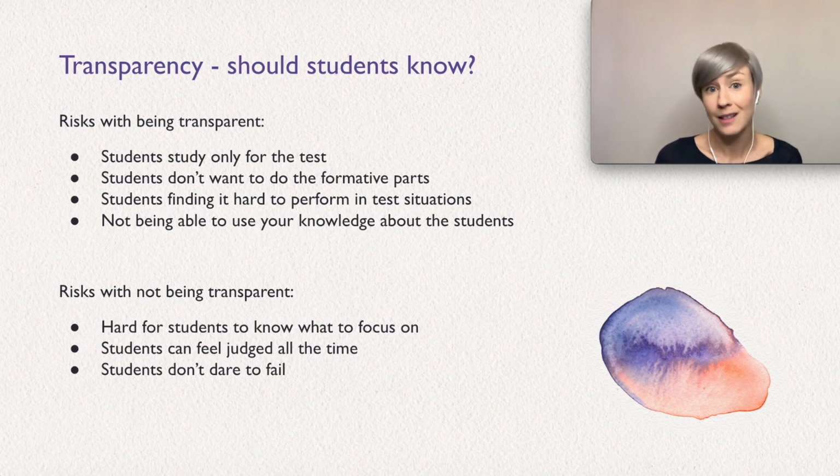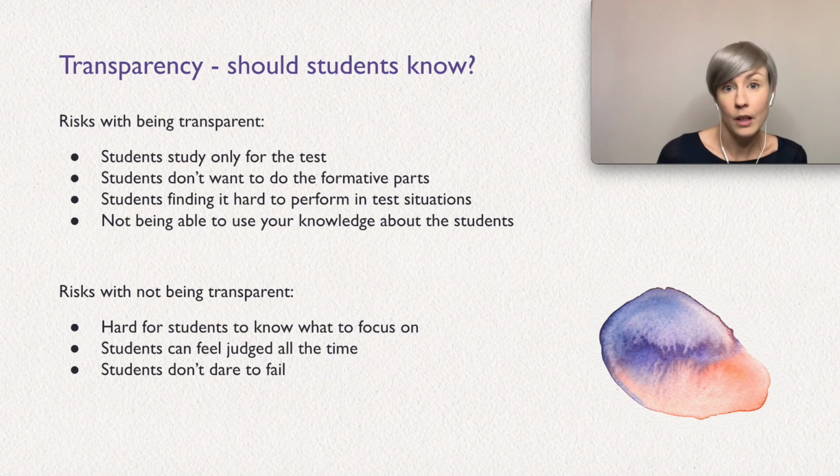Some risks that can come with being transparent with what specific tasks or tests that you base the grade on includes that you might get students that are studying just for the test and not for learning the content. And if a student knows they are only graded on some specific task, they might not want to do the formative tasks or tests because they don't get graded on that part anyway, so what's the point?